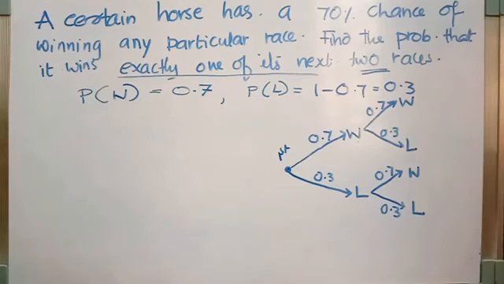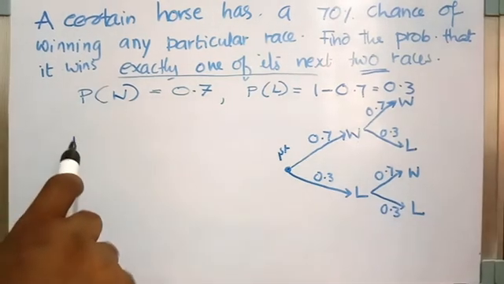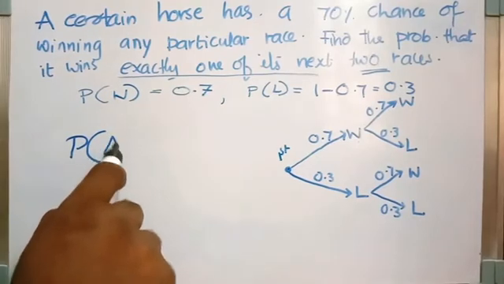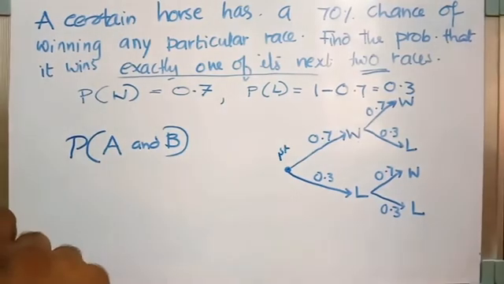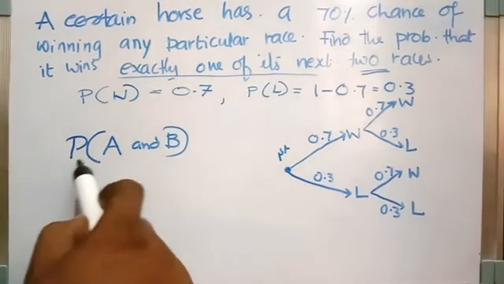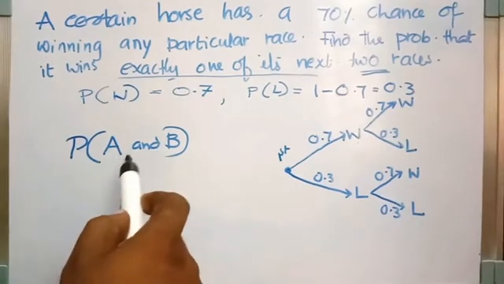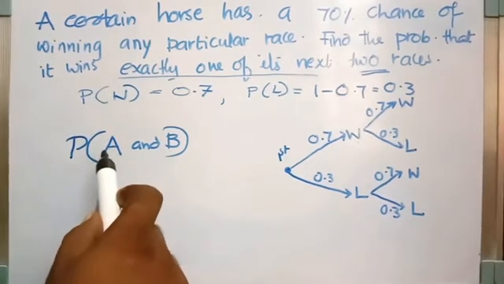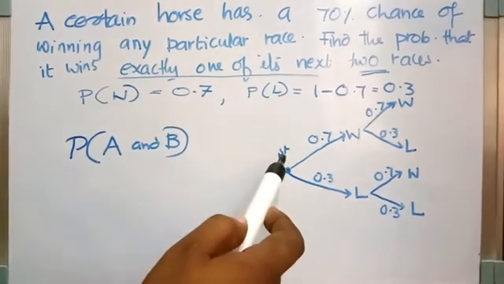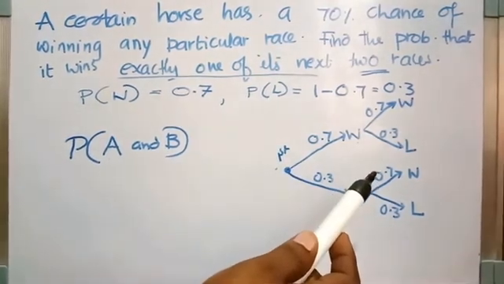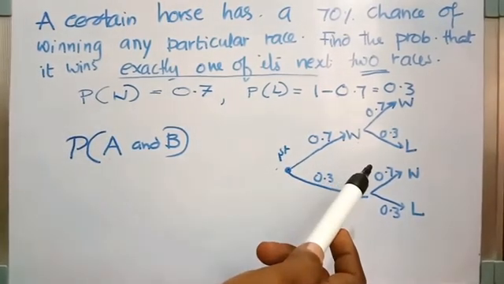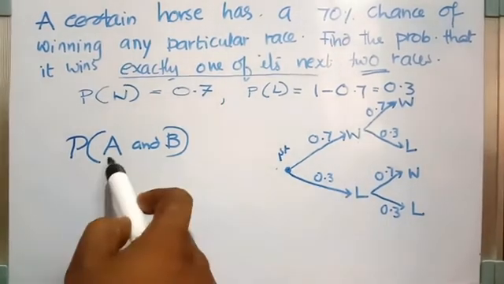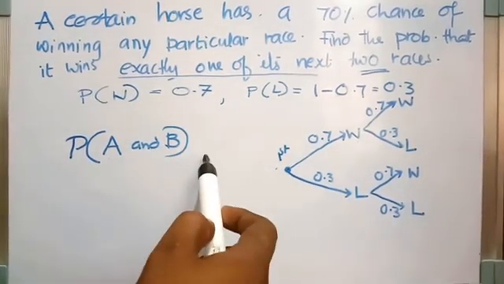we can use a law known as the multiplication law, which states that probability of A and B. In this case of independent events, 2 events are occurring, that is A and B. We are thinking about first race and second race, the results of which do not depend on each other.